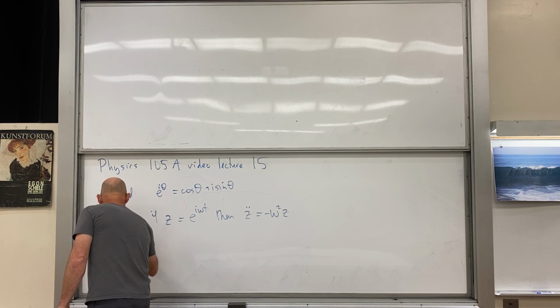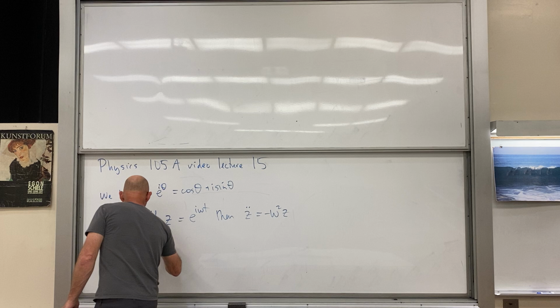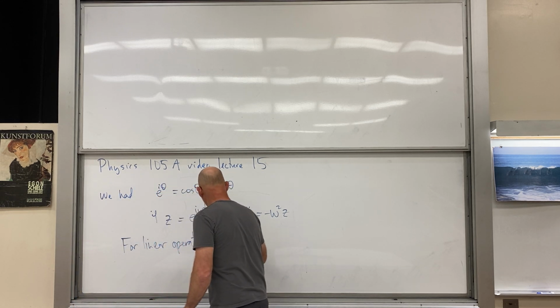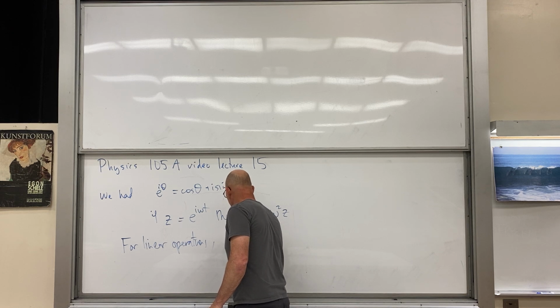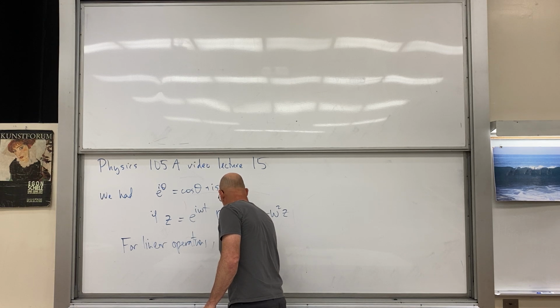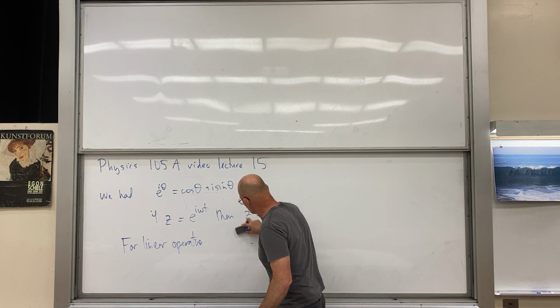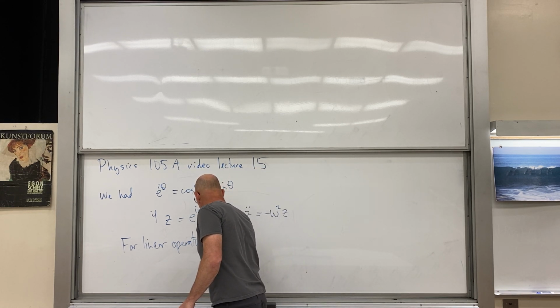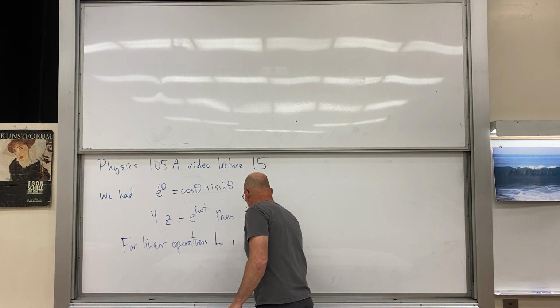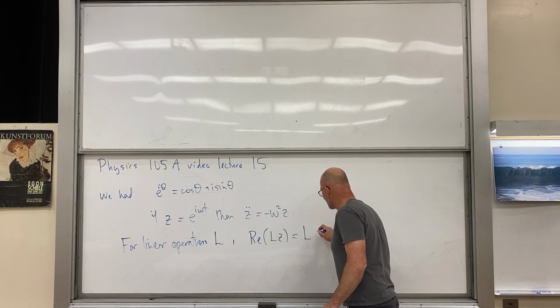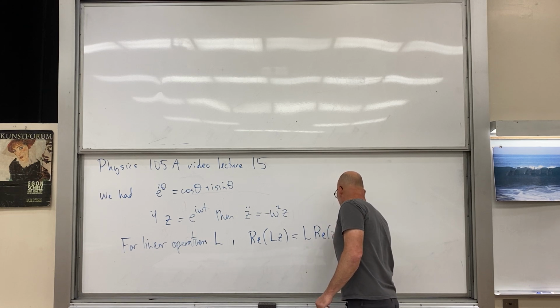So for linear operations, let's write linear operation L. For linear operations L, the real part of the linear operation applied to z is equal to the linear operation applied to the real part of z.